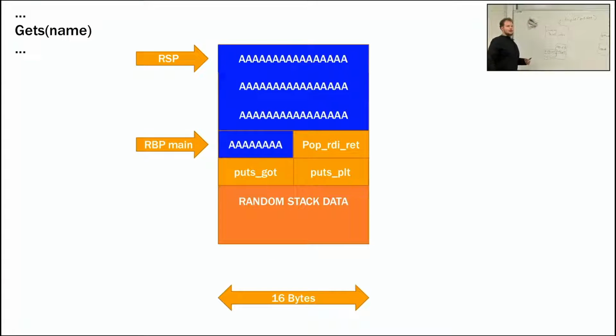One question. Why do you need to leak the library? It's in memory, so it's different each time, right? Which means that if I know where the library is loaded, it doesn't help me the next time. No, but this happens during the execution of the program.